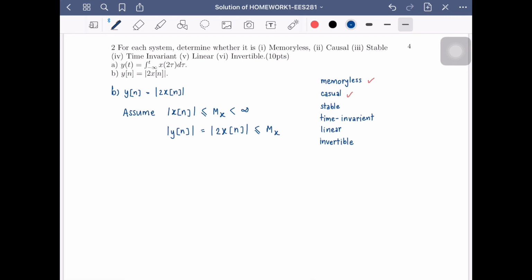Then we know that y[n] is bounded, so this signal is stable.